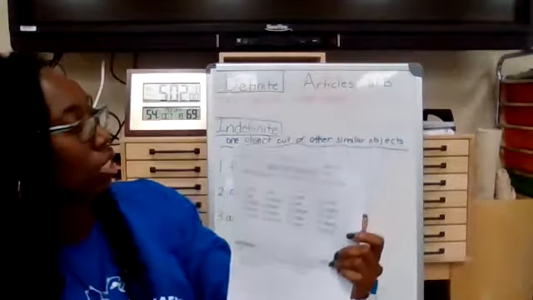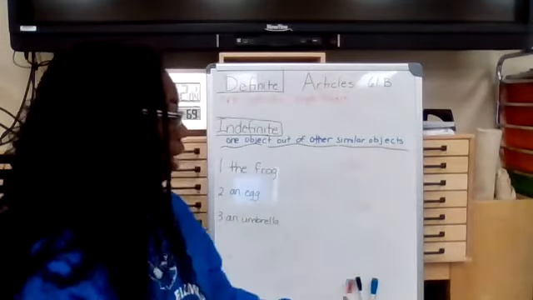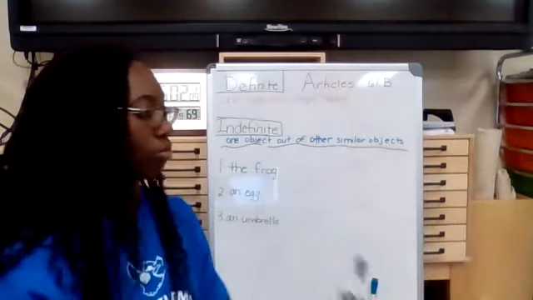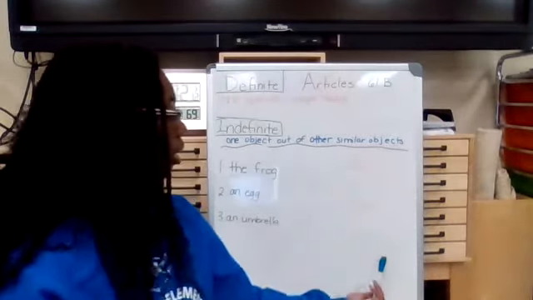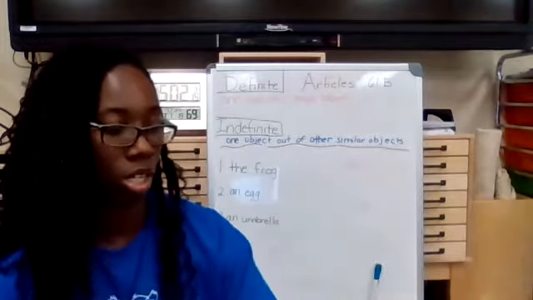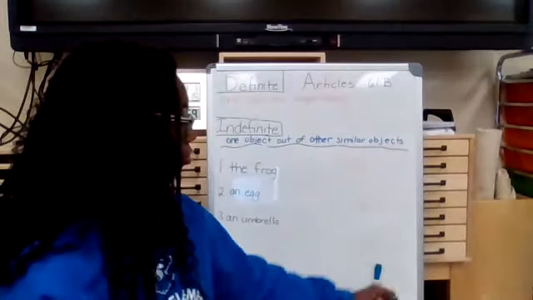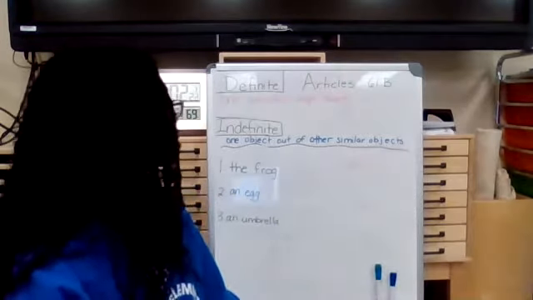So before we move on to that, you're going to need to have a red colored pencil or utensil, a black, and a light blue. You may also use a dark blue if you would like to for this activity, okay?